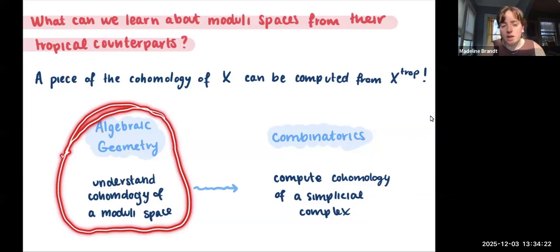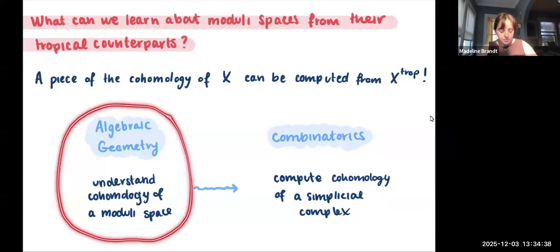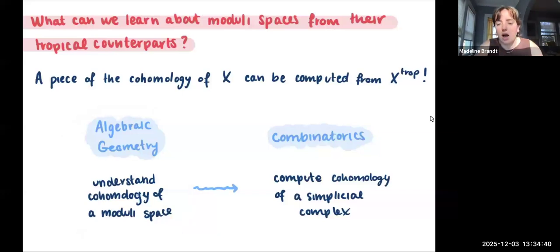Mathematicians have been trying to understand the cohomology of the moduli space of curves for a long time, and there are a lot of results in that direction, but there are still many questions. So it takes this problem and converts it into a combinatorial one, which is computing the cohomology of a simplicial complex.